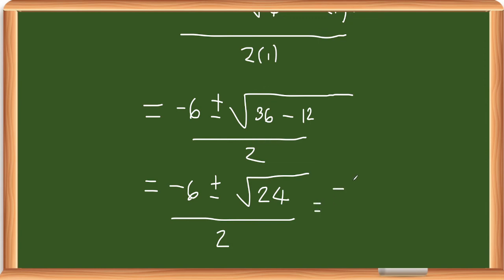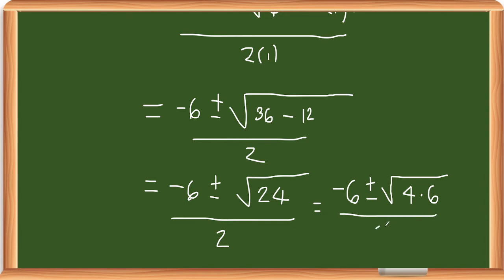So, we have negative 6 plus and minus. Does 24 have a factor that is a perfect square? Factor the 24. Ma'am, 4 po. 4 times? 4 times 6 po. Very good. Thank you, Iho.